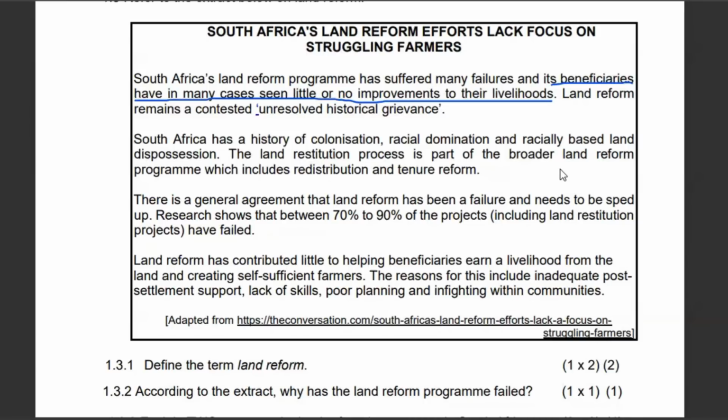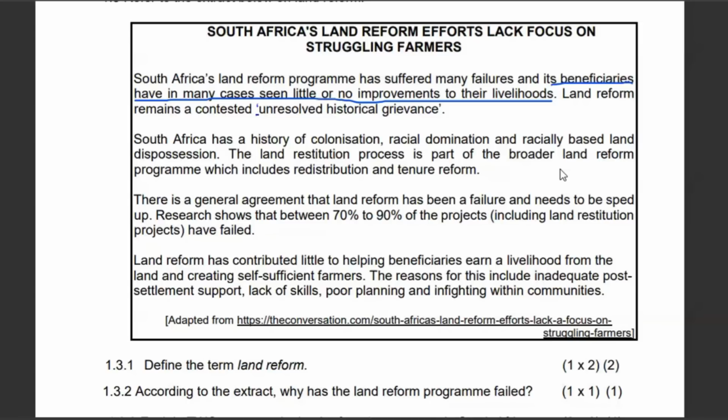Right. Is that the only evidence that we have? We can also try to check and see if there is any other reason for the justification of the failure of land reform. It says land reform remains a contested or unresolved historical grievance.